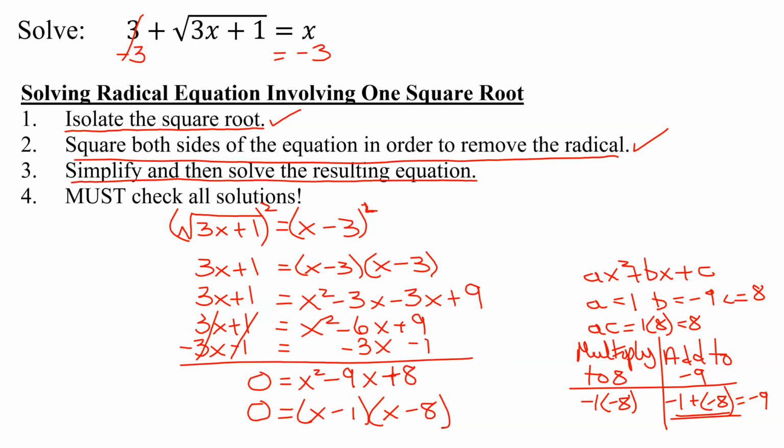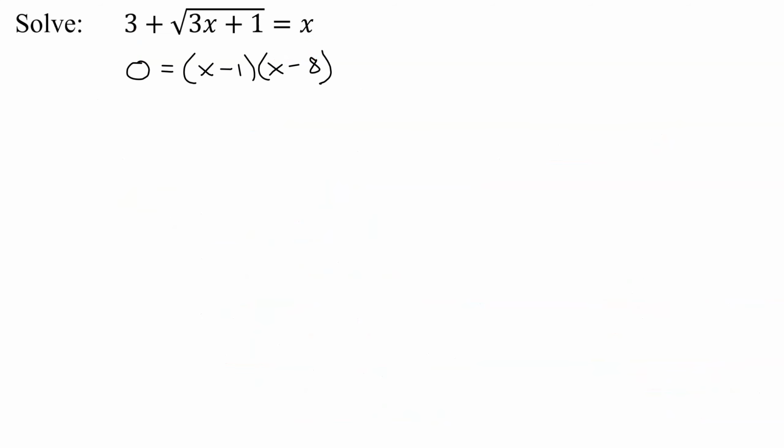I'm going to have to go to the next slide, but before I do that, I want to just finish the steps off. When we've simplified and solved the resulting equation, don't forget, this isn't "you can check if you feel like it." This is you must check all your solutions. So now let's go to the next slide. And this is where I got to.